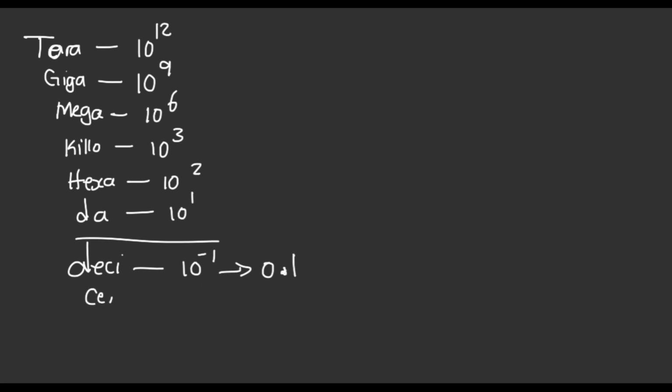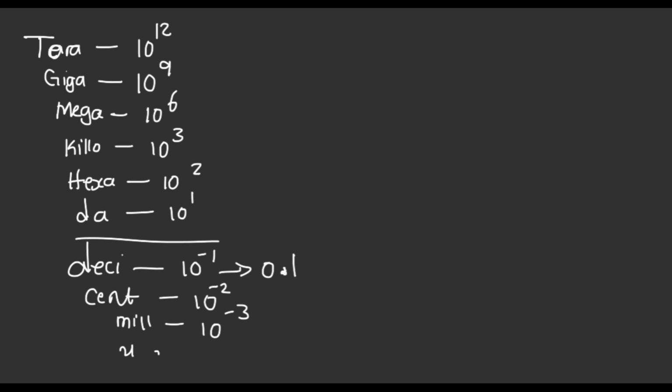Then we have centi, with 10 raised to the power negative 2. Then we have milli, 10 raised to the power negative 3. Then we also have micro, from the word micrometer. I mean, not necessarily micrometer, but the prefix micro.